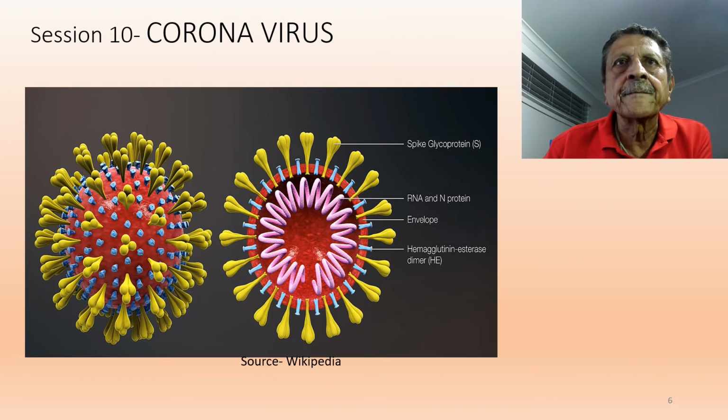And obviously, the virus itself can cause collateral damage to the human systems. You will also note, when we come to application of ozone, that ozone will react with any double bonds or triple bonds.